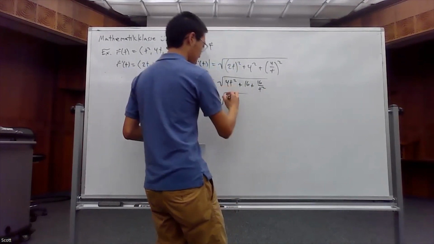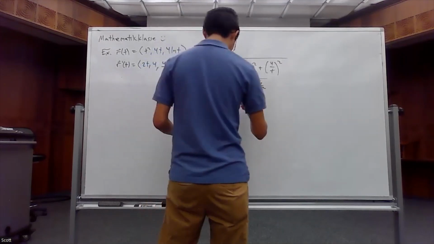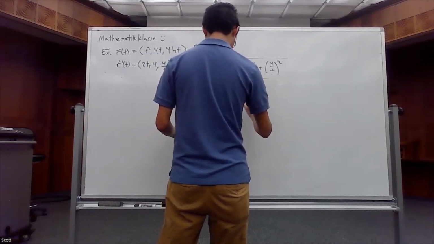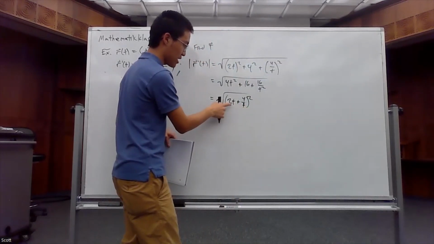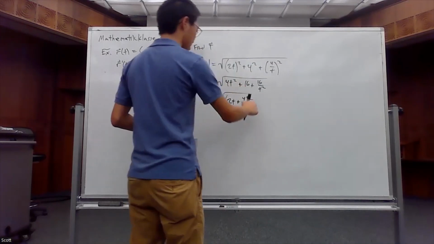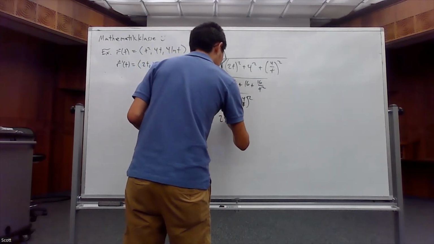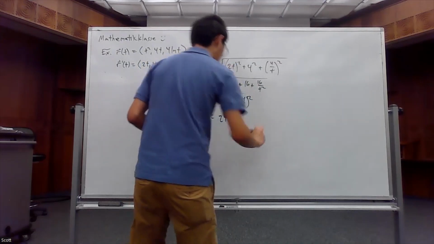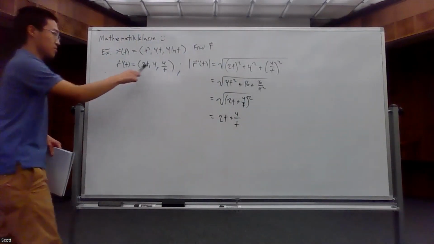Because the 2t squared is giving the 4t squared, and then 4 over t is giving the 16 over t squared when you expand. And you can double check that 2 times 2t times 4 over t will cancel and you get 16 by itself. So since this is squared, all that's left is 2t plus 4 over t. So we're pretty much done. That's the hardest part of the problem, is getting your pieces.